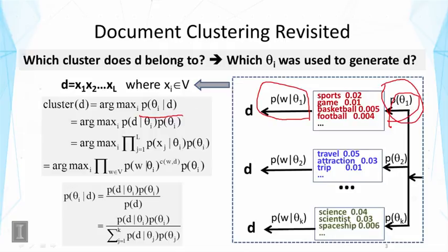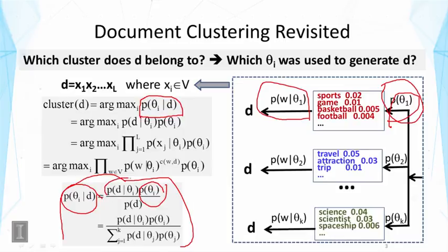But this conditional probability here is the posterior probability of the topic after we have observed the document D. And Bayes' rule allows us to update this probability based on the prior, and I have shown the details below here. You can see how the prior here is related to the posterior on the left-hand side, and this is related to how well this word distribution explains the document here, and the two are related in this way.